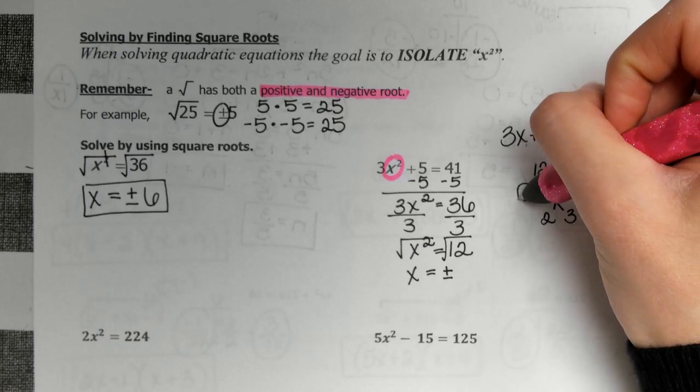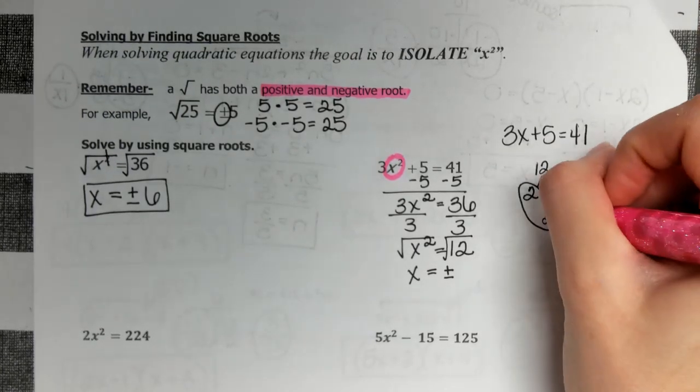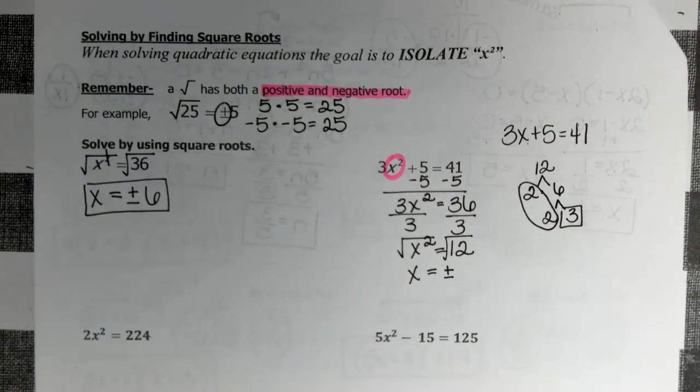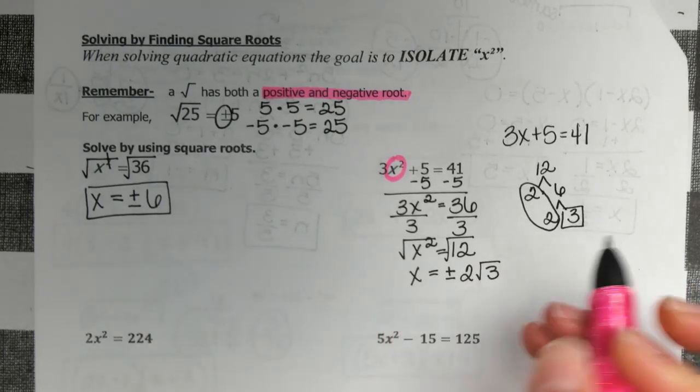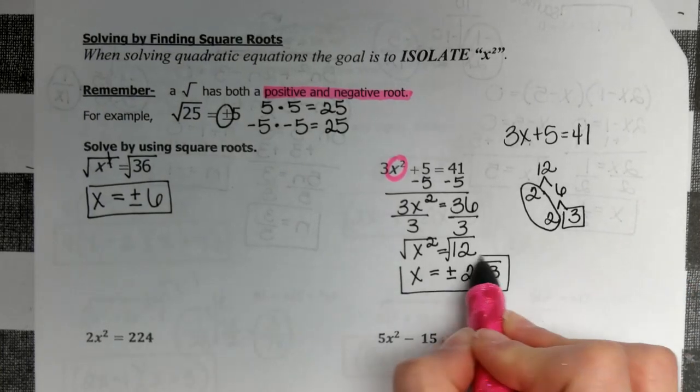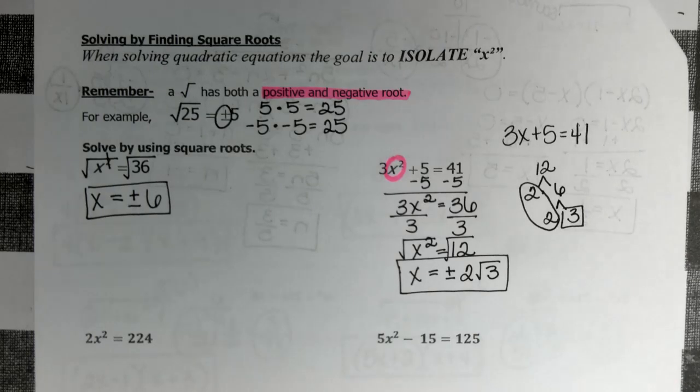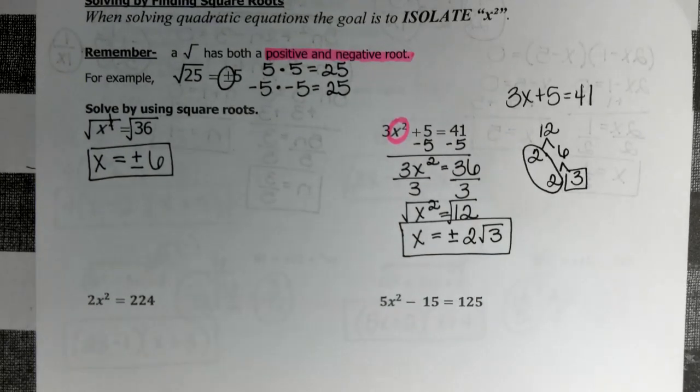Remember, you circle your pairs. So I have a pair of 2s. I box what's left over. So the square root of 12 will simplify to what? 2 square root of 3. So x equals plus or minus 2 square root of 3. Okay?